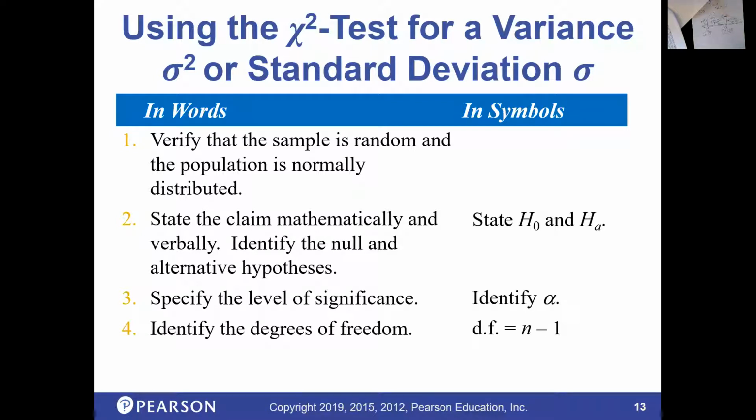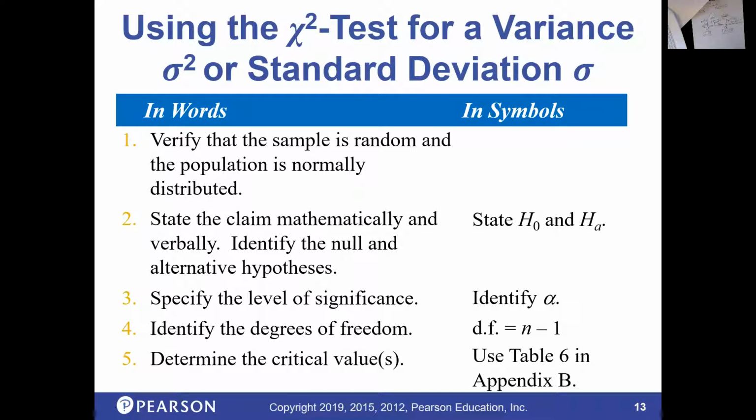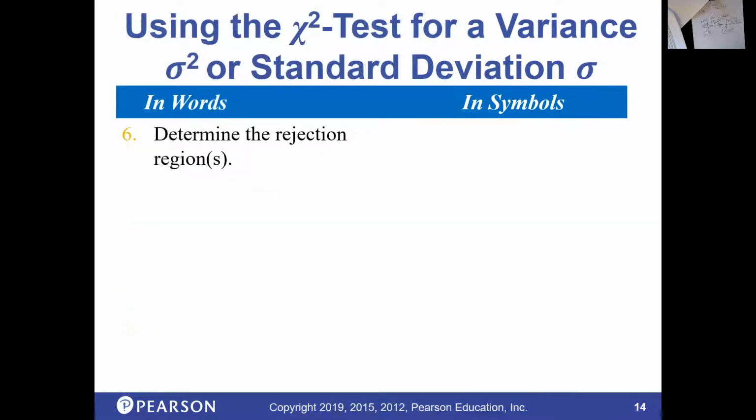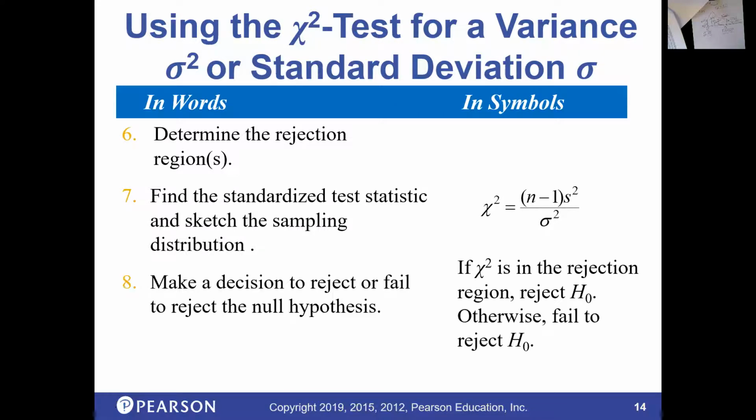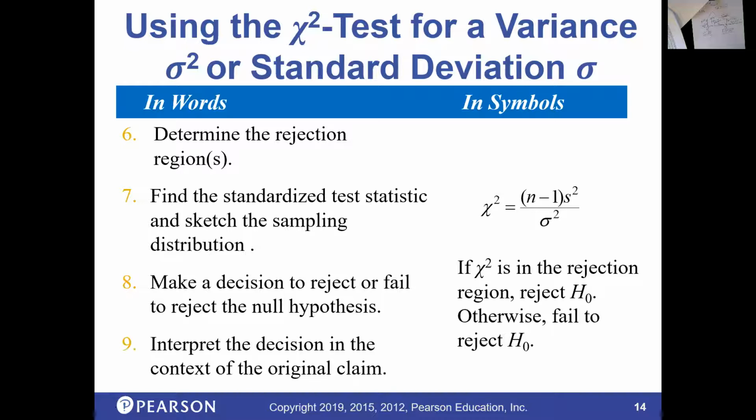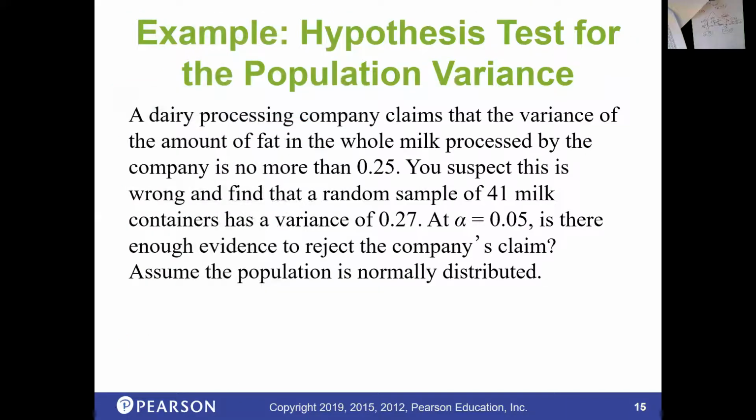Identify degrees of freedom. With that, you can go to the table and determine the critical values. That tells us where the rejection regions are. Compute the test statistic. Compare that to decide if you reject or fail to reject. And finally, interpret it in terms of the original claim. So let's try this out.